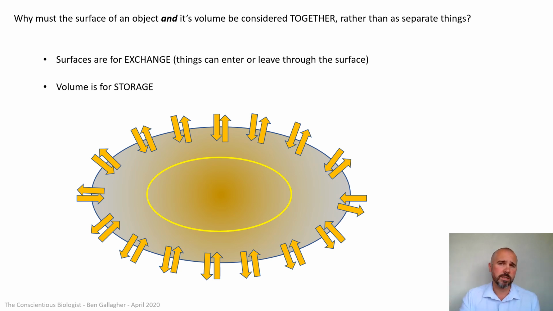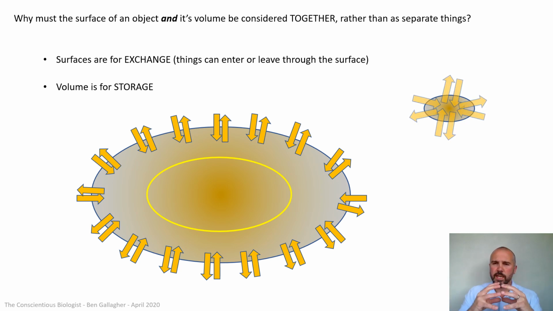Now, to make a comparison of that, if I throw up there a much, much smaller cell, we've got the same shape here, we've just made it much, much smaller. If we use those same diffusion arrows, like the distance that things can travel easily from the inside to the outside, or vice versa, you can see that it's absolutely covered.